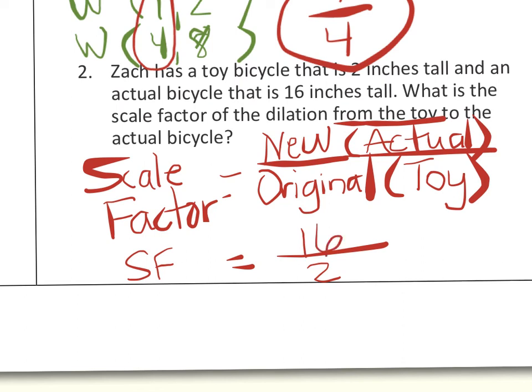So I put 16 over 2, and then just go ahead and divide that. 16 divided by 2 is 8. So the scale factor is 8. So that means that the actual bicycle is 8 times bigger than the toy bicycle.